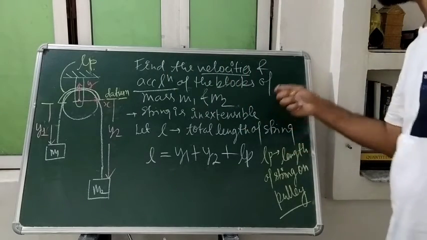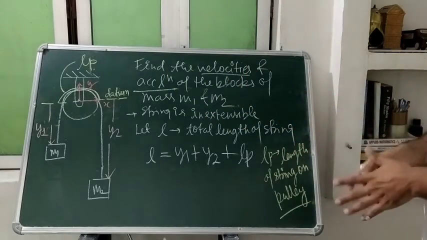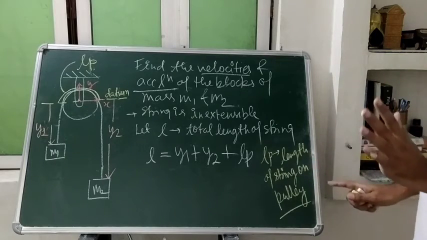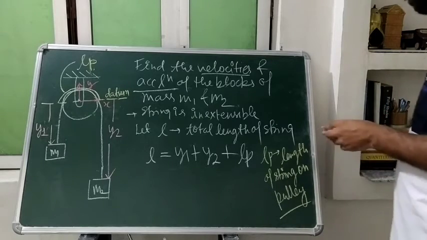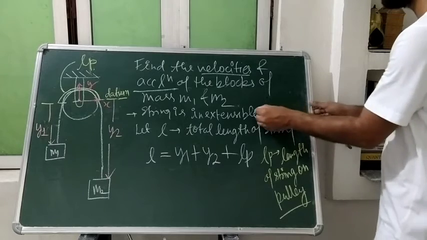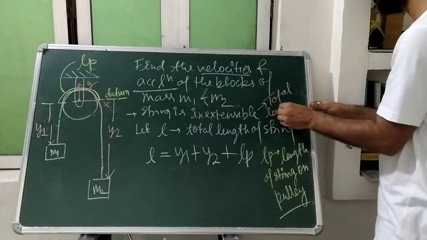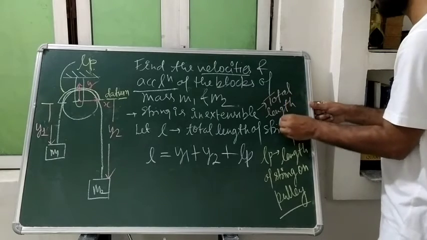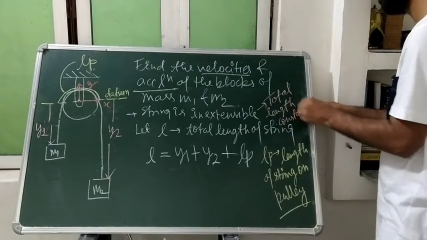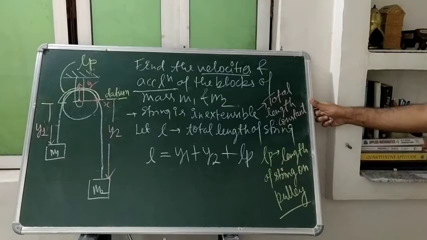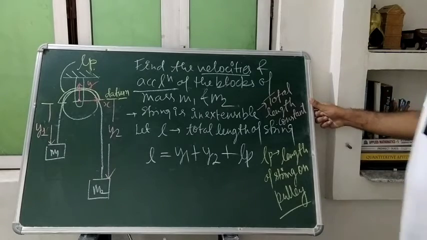And since the string is inextensible, the total length is going to remain constant, isn't it? The meaning is that total length is constant. So what can we do?